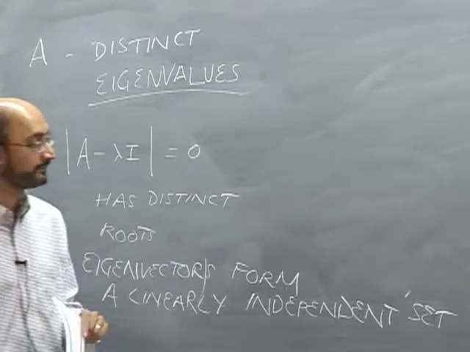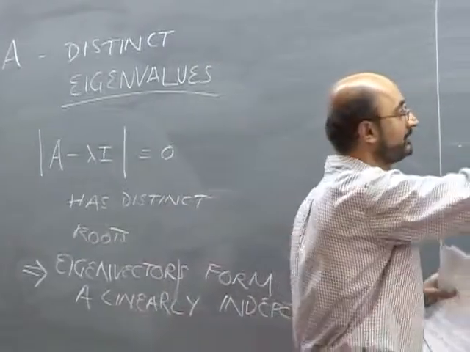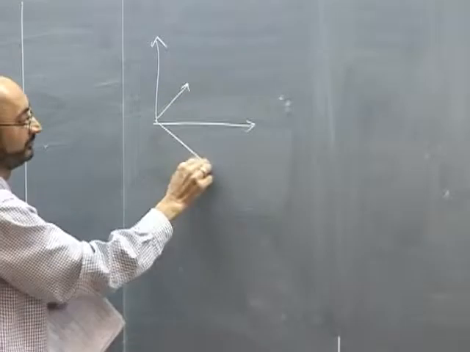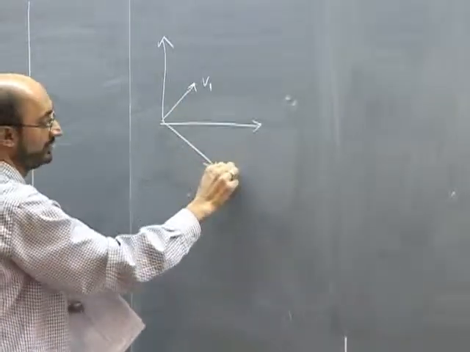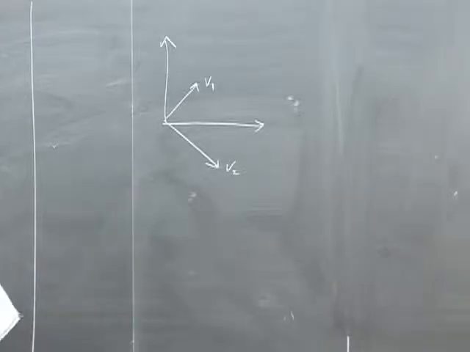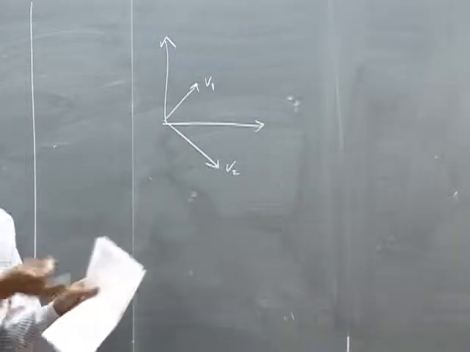So why is it important? Remember geometrically, let's just take the two-dimensional case. Let's say this is the plane and I have two vectors, v1 and v2, as eigenvectors. These form a linearly independent set, which means that this vector cannot be derived from that vector. It's not a scalar multiple; it's in a different direction.